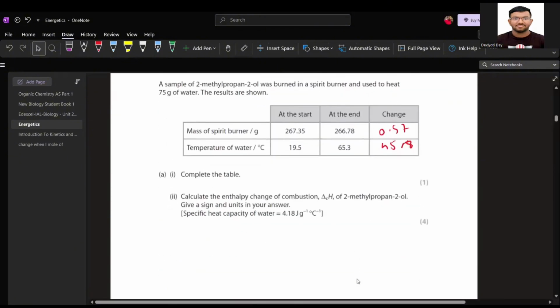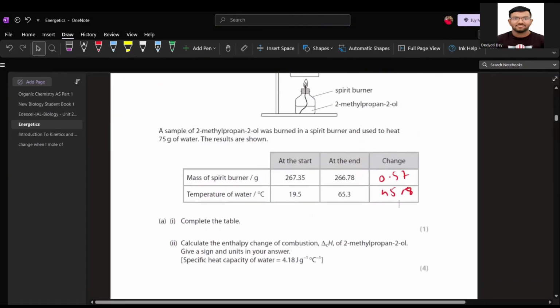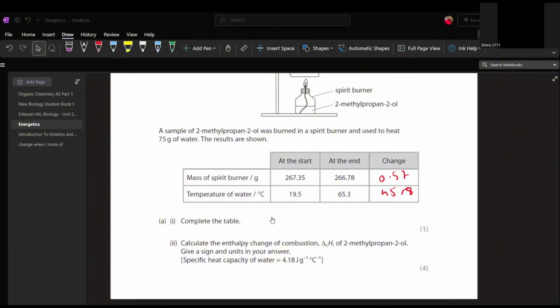The next part is that they told you to calculate the enthalpy change of combustion. This is pretty simple. Which formula do we have to use? Just try Q equals mc delta T first, and then you use the enthalpy change equation, which is Q over n.